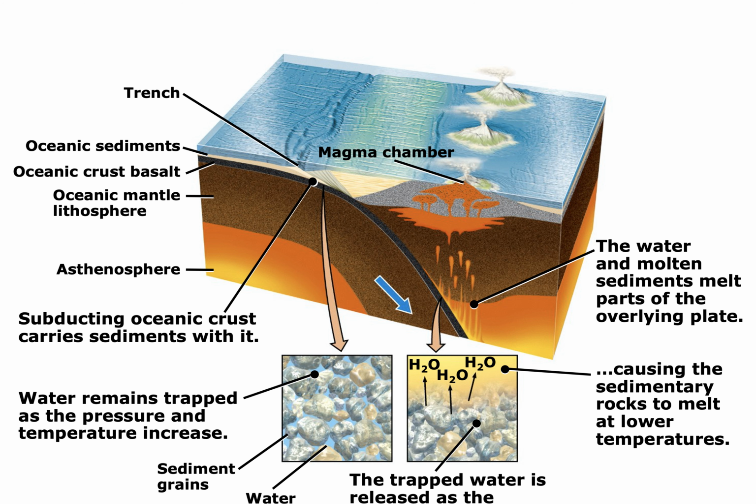And this melt has a lower density than the surrounding area and will then rise up at the bottom of your overlying oceanic lithosphere or of the overlying continental lithosphere, and there we can then cause the formation of a pluton or of a volcanic rock.